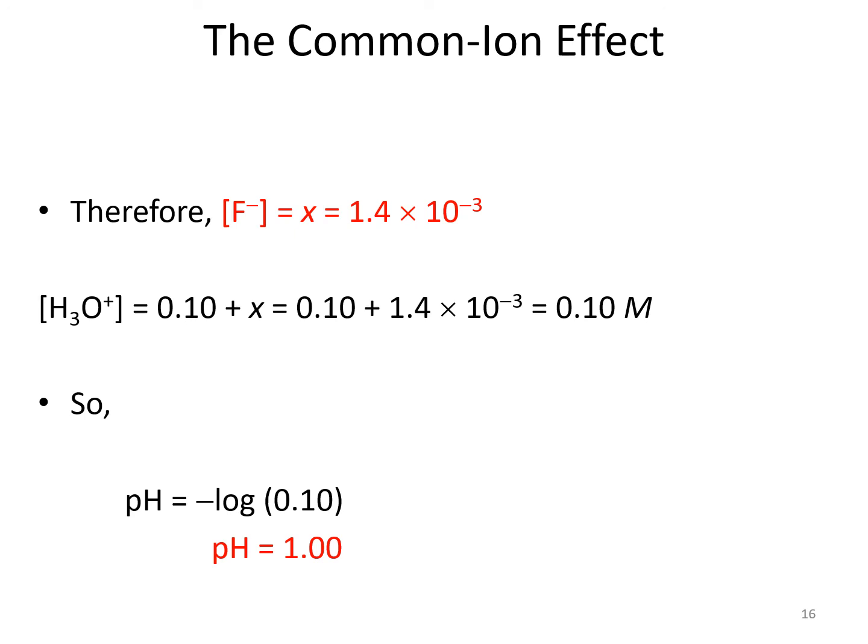The hydronium ion equals 0.1 plus that 1.4 times 10 to the minus 3. But that's really small, so the acid concentration actually comes out to 0.1. I find the pH, that's going to be a 1.00.